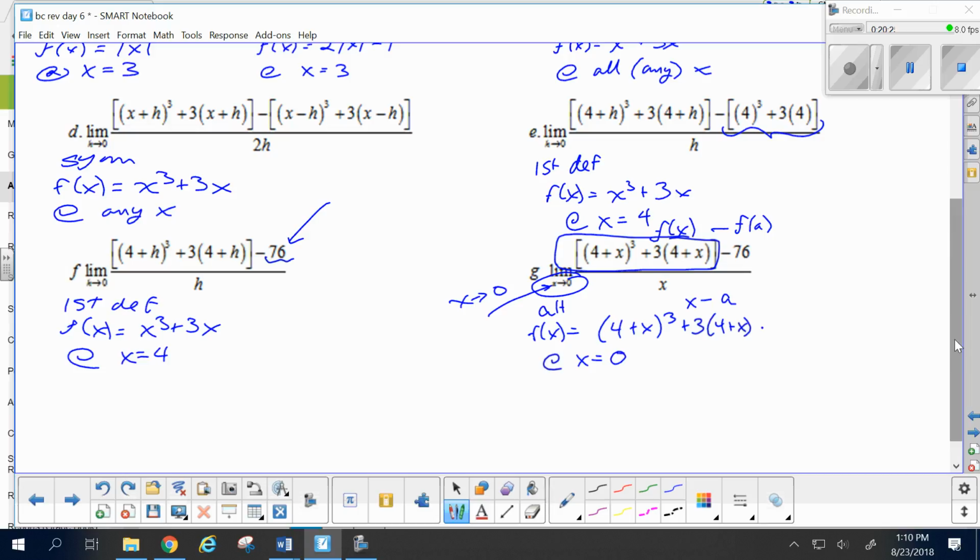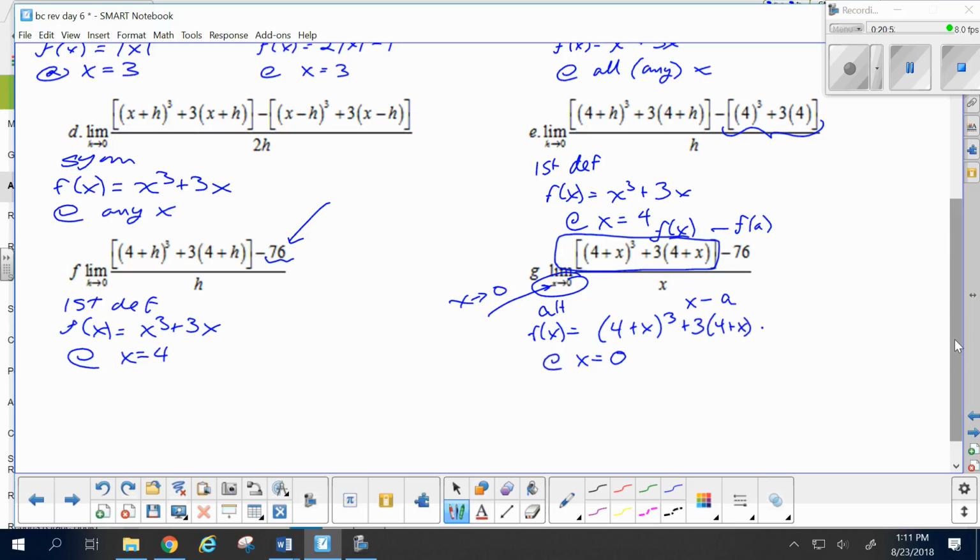Now, if you were to do that, let's see, would that work? So if you said, do you agree it looks just like this one, but with x instead of h, yeah? So could you say this exact same thing? And the answer is, yeah, you could actually.